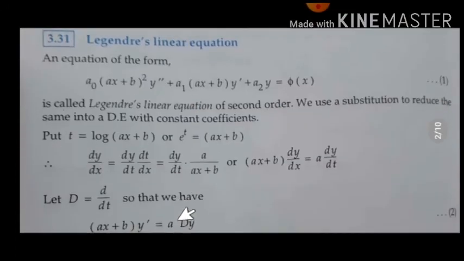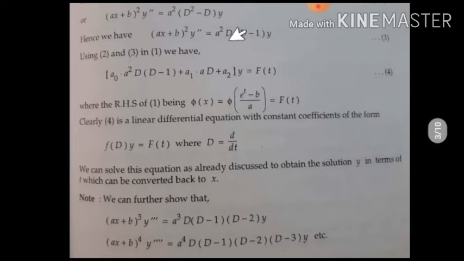For linear it was only D, for square it is D into D minus 1, then for cube it is D into D minus 1 into D minus 2. Similarly, if power 4 is there, it means a to the power of 4, D into D minus 1 into D minus 2 into D minus 3, like that. Based on this power the number of terms are going to increase, and constants with the same power of a you are going to get.